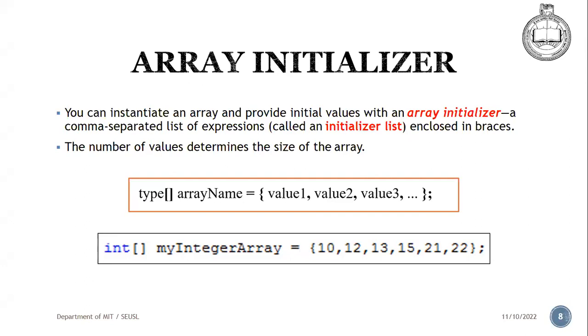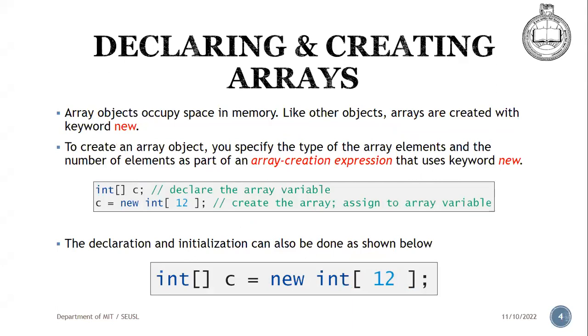Yes, first of all, you have to declare the array by giving the data type for the array and also by giving a name to the array. Then we have to initialize the values to the array.